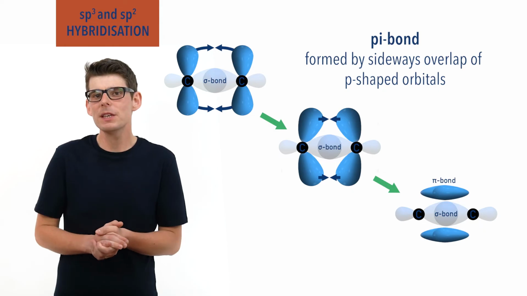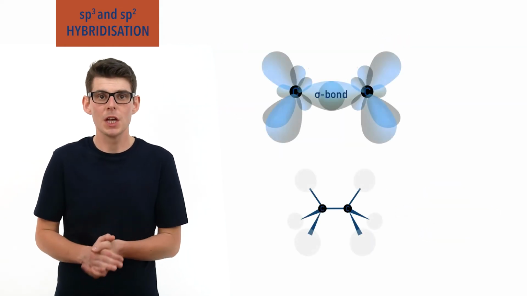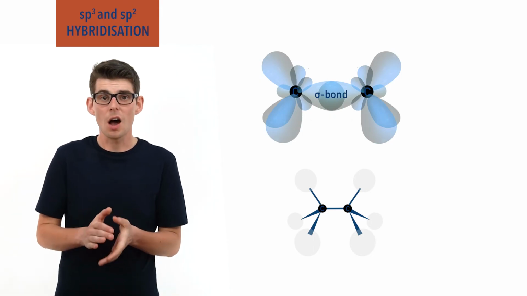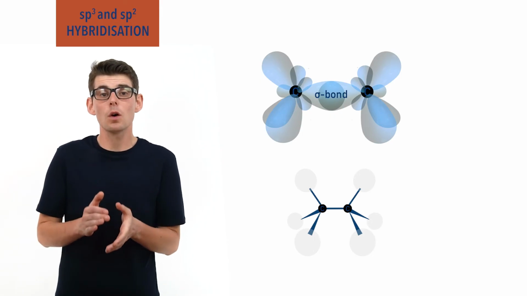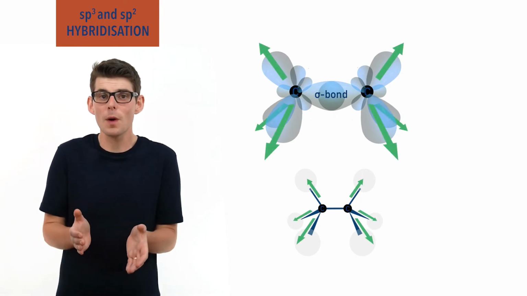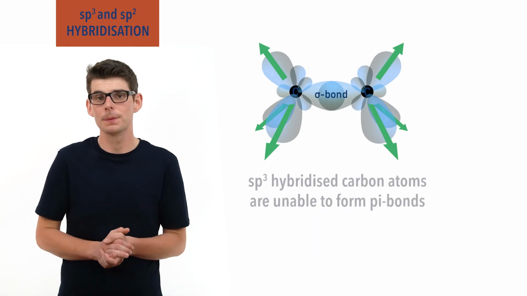If 2 sp3 hybridized carbon atoms bond together with a sigma bond, the remaining 3 sp3 hybridized orbitals aren't really p-shaped and they are all pointing away from each carbon, meaning there is no way that 2 can overlap sideways and form a pi bond.